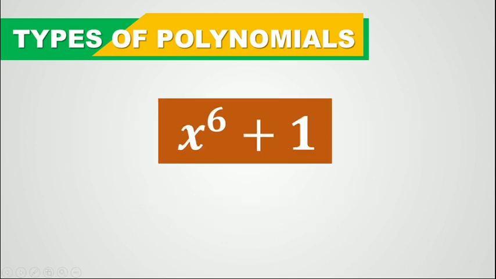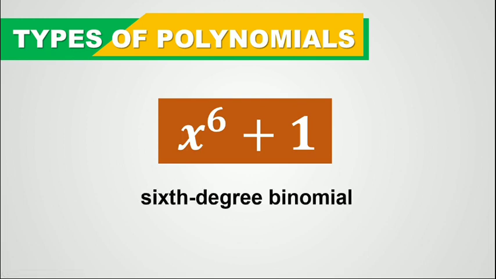How about this? x to the 6th power plus 1. What is your answer? This is a 6-degree binomial because the highest exponent is 6 and there are two terms. So we have 1, 2. So therefore, this is a 6-degree binomial.